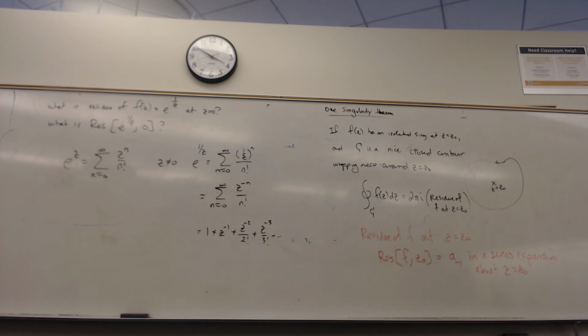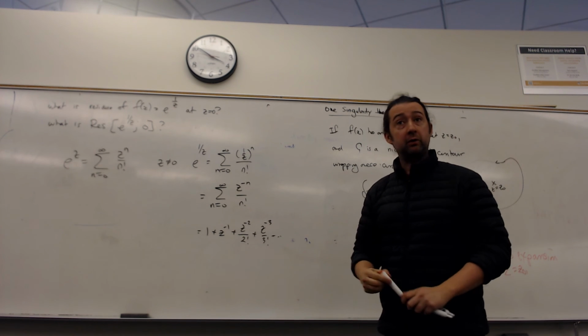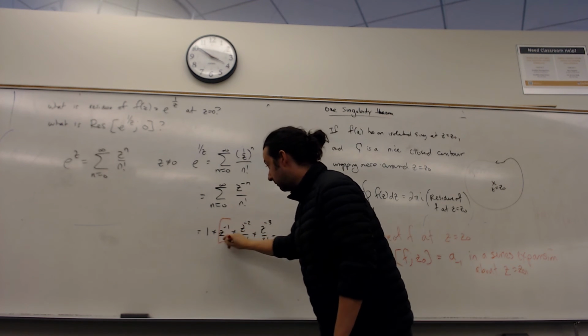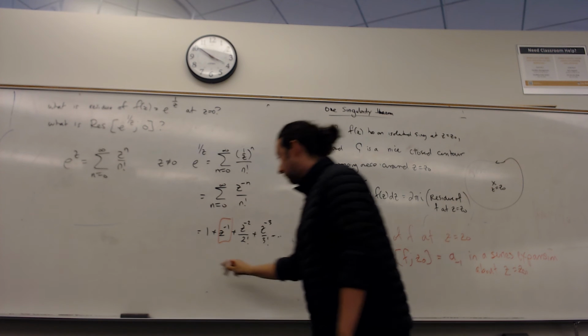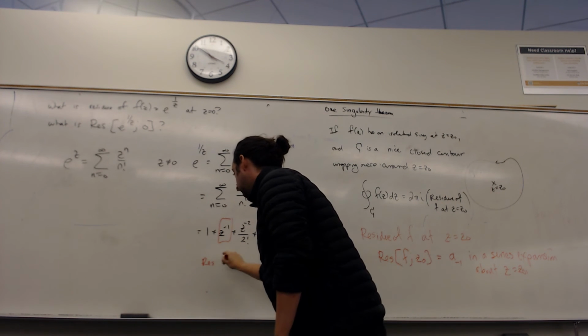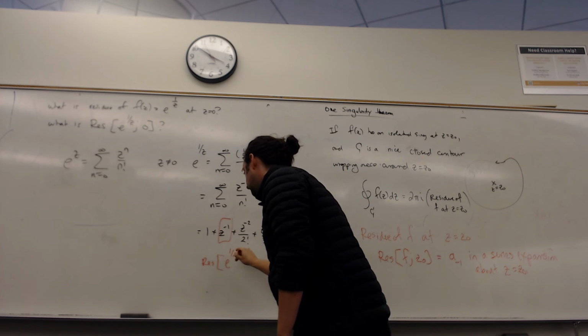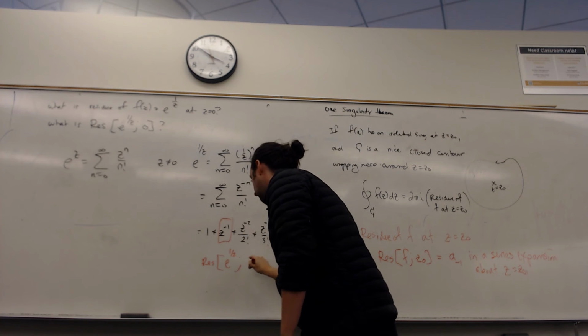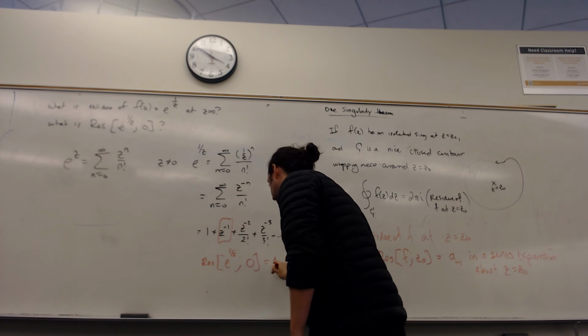So what's the residue? It's the coefficient of the -1 power term, which is right here. So the residue of e to the 1 over z for the series centered at 0 is 1.